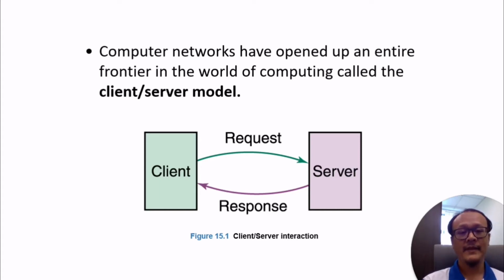It means that you are requesting information from the Facebook server, and the Facebook server will respond by giving you the page of your friend. That's how computer networks run in this world.